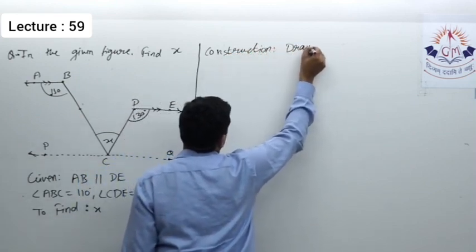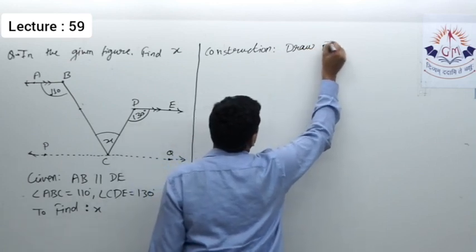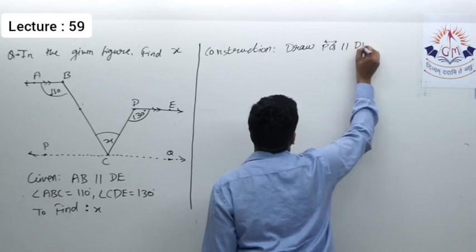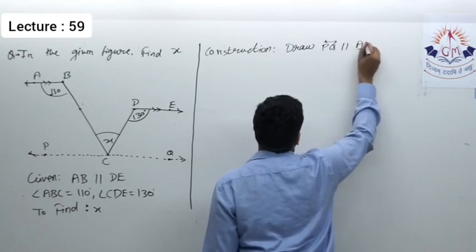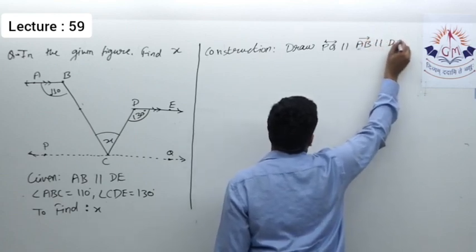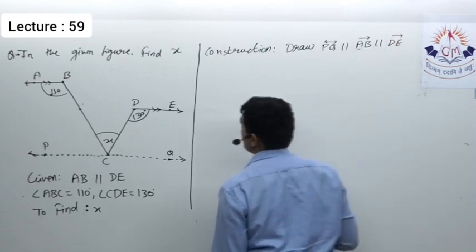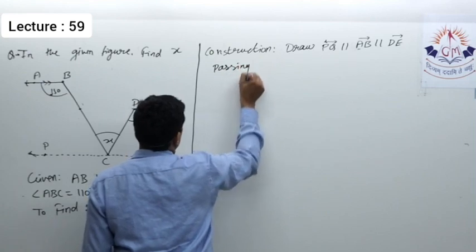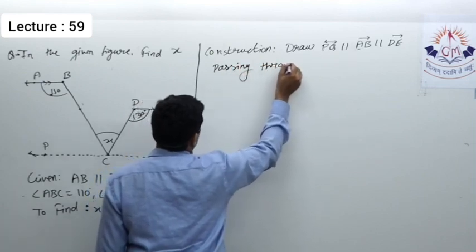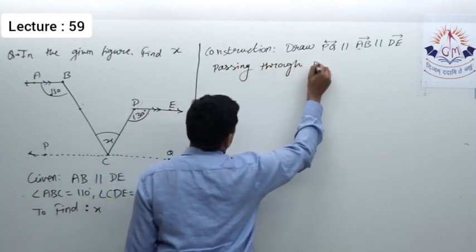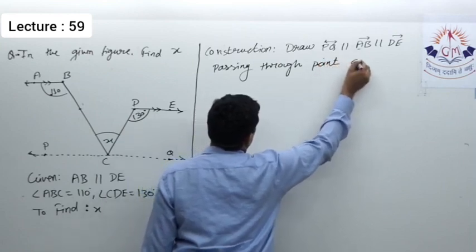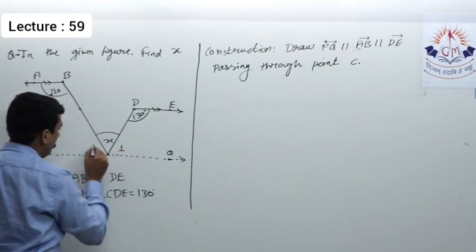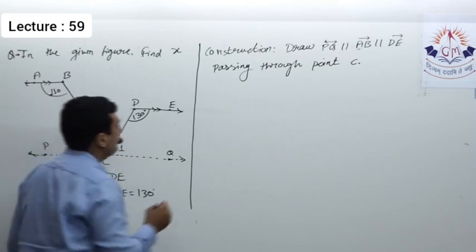So construction: draw PQ parallel to AB parallel to DE, passing through point C. Okay, so let's say this is angle 1, this is angle 2.